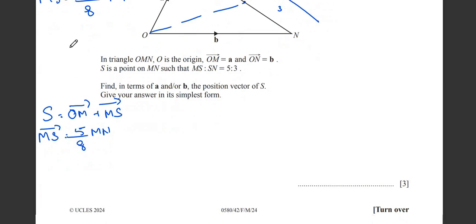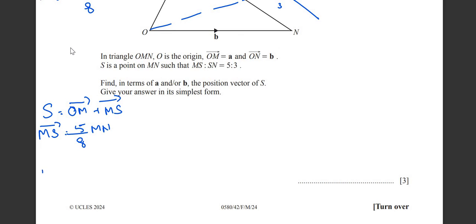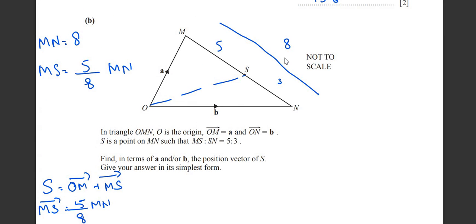So first we will try to find MN. MN is minus A plus B, because we went in the negative direction and then positive.